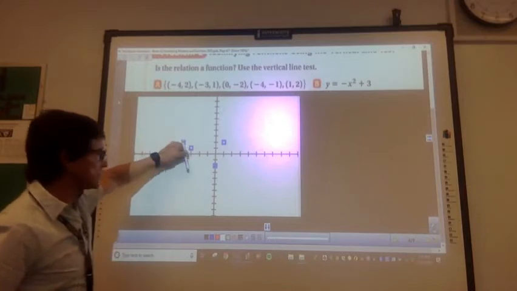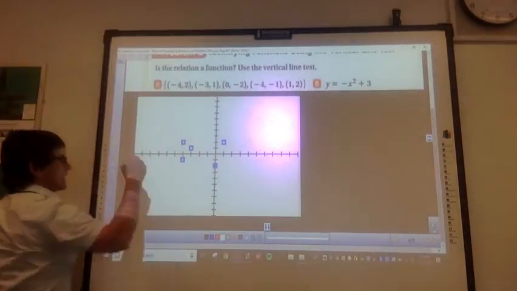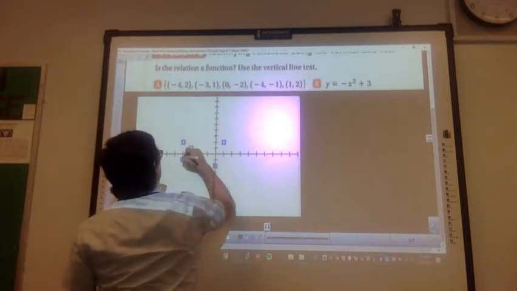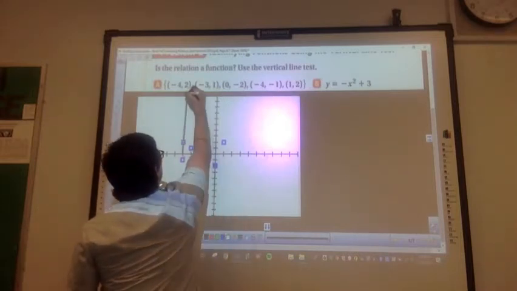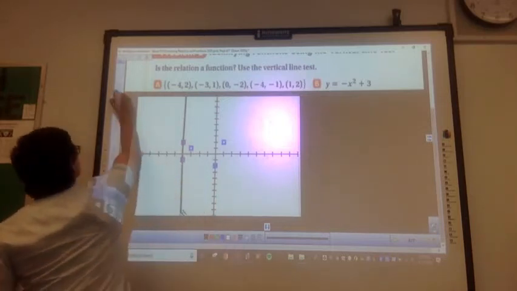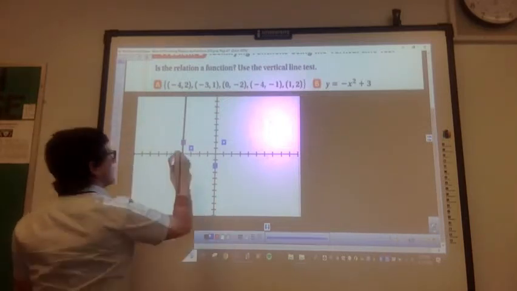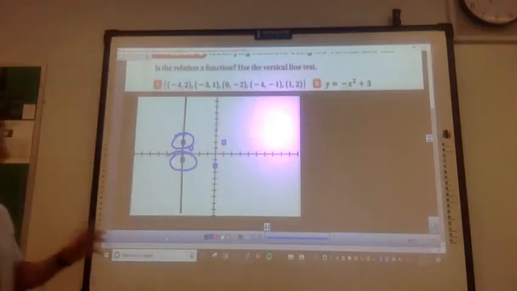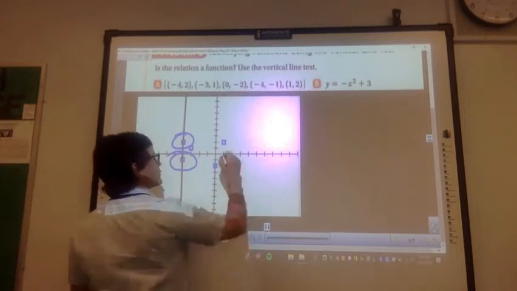Because this hits in 2 dots, if I draw a vertical line down here, you can see that it hits right here and right there. That's what makes this not a function.